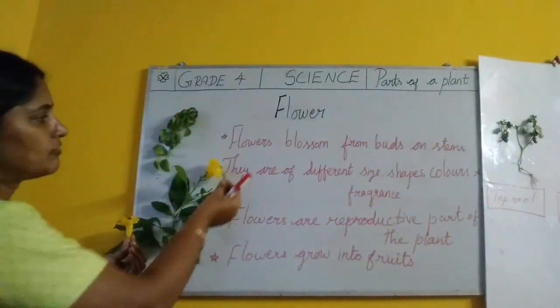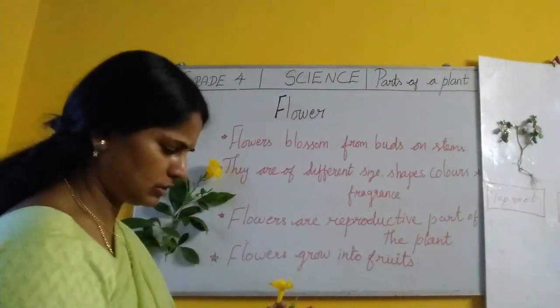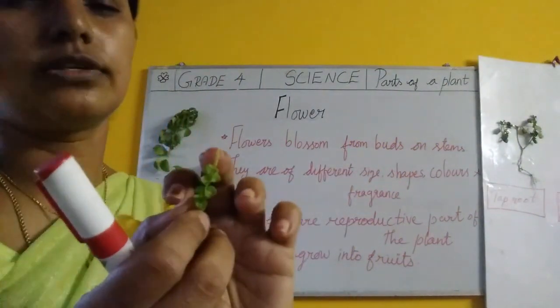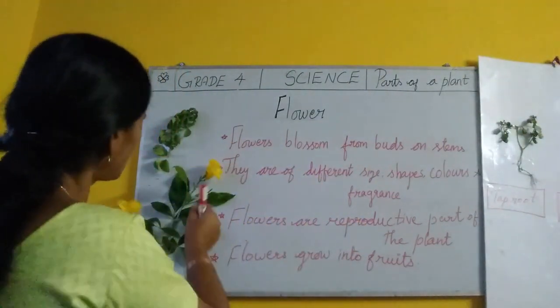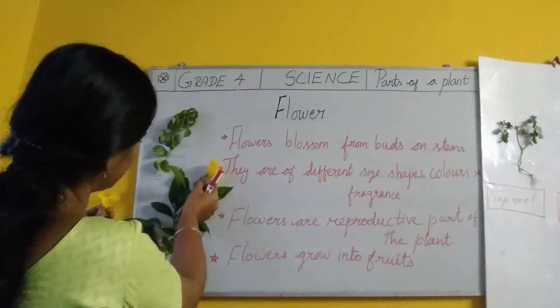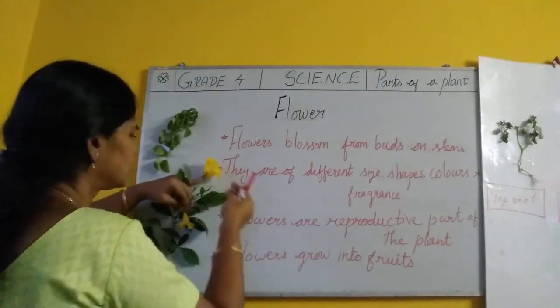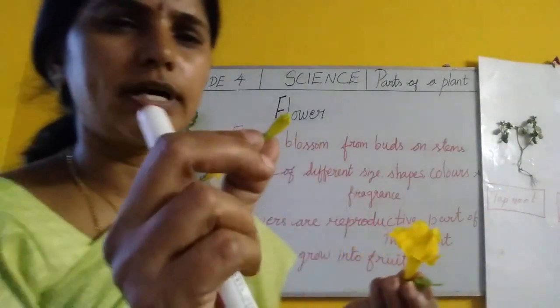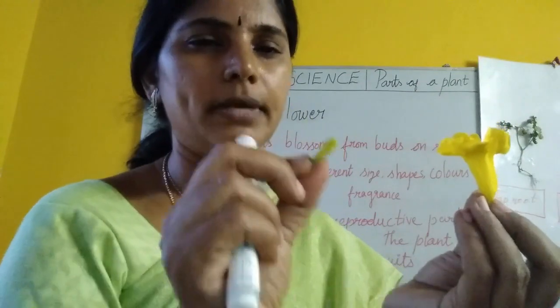So flowers blossom from buds. See here, like this, buds. Here also buds are there. Flower bud. I'll take a bud. See, this is a bud and this is a flower. This we call a bud.